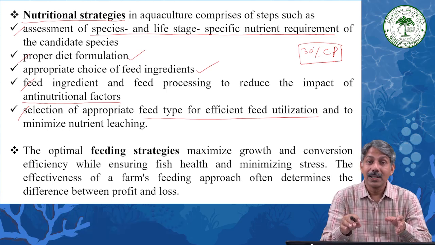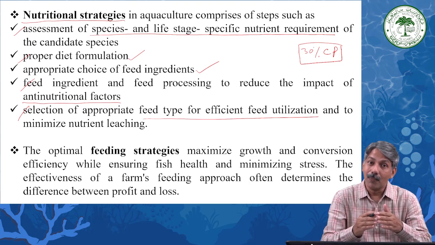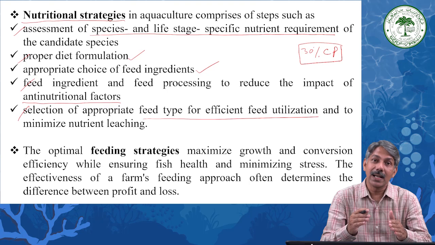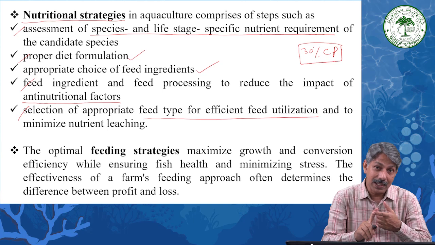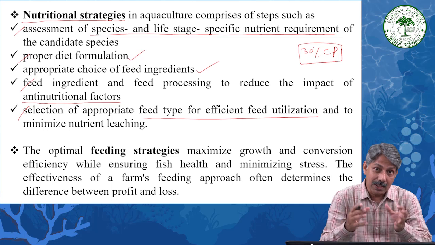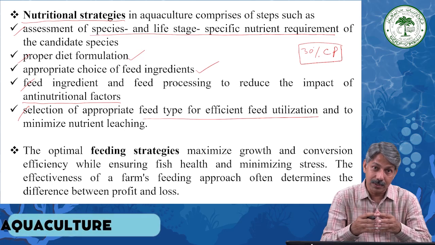What will happen? Nutrient leaching may start, so the quality of the feed may go on decreasing as it remains for a longer period of time in the water. That is one point. So you should take care of the binding of the ingredients in the feed, and the water stability of the diet should be calculated first.